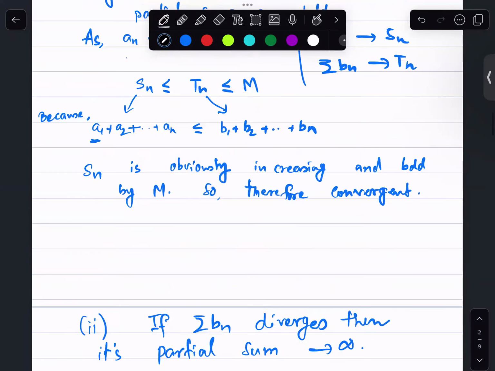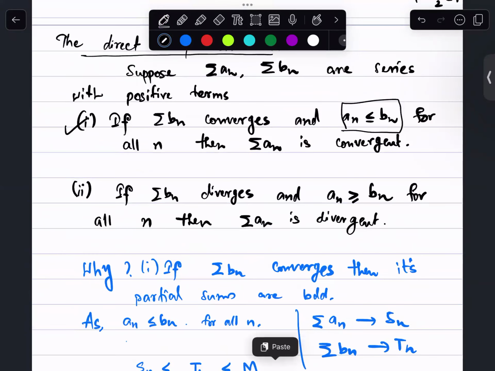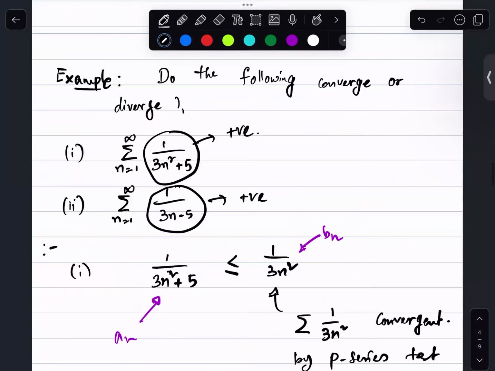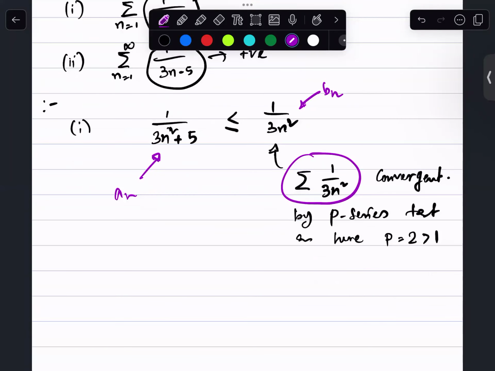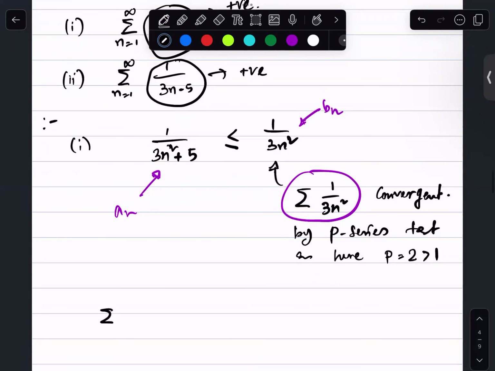And also I see that bn converges. So the right hand series converges. So therefore, what I can say is summation 1 over 3n squared plus 5n, n goes from 1 to infinity, also converges.